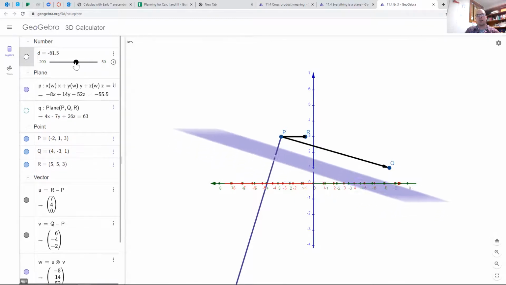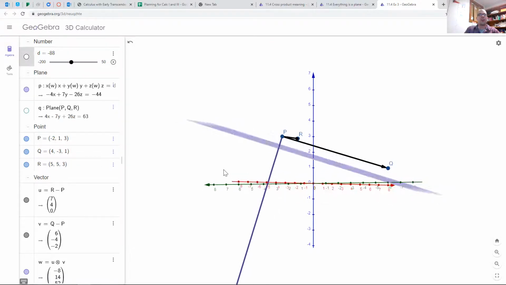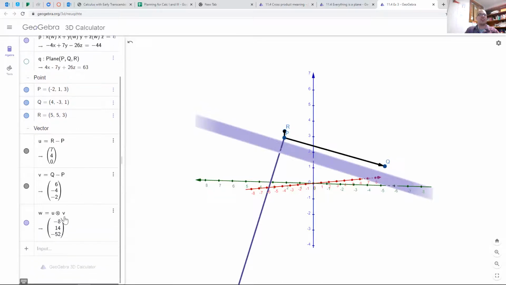So all of the vectors on this plane would have a dot product of -88 with the vector -8, 14, -52.